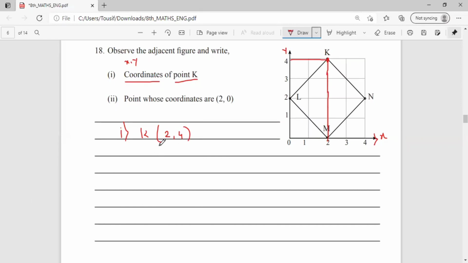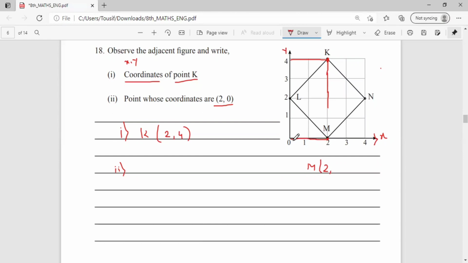The second one, the point whose coordinate is 2 comma 0. As you can see, M lies over here. Let me erase for your clarity. The point M lies over here. Let us find the coordinates of M. M is lying on the x-axis at the point 2, so the x value is 2. Now to find the y value, I am going to move to the left side, because our y-axis is on the left side.